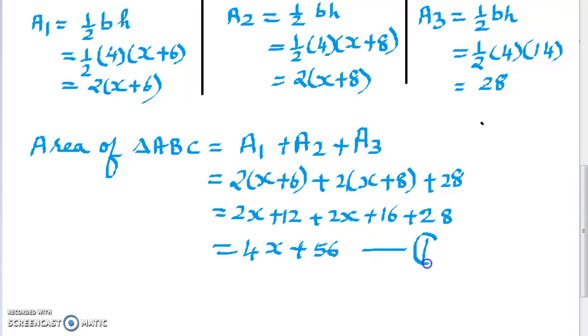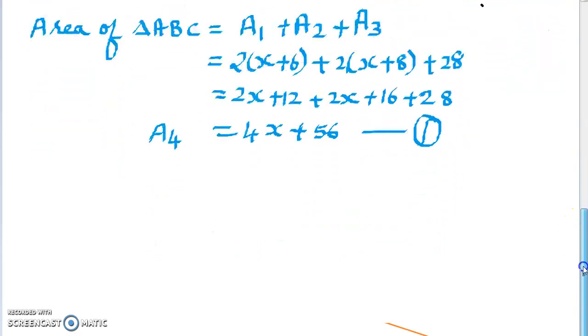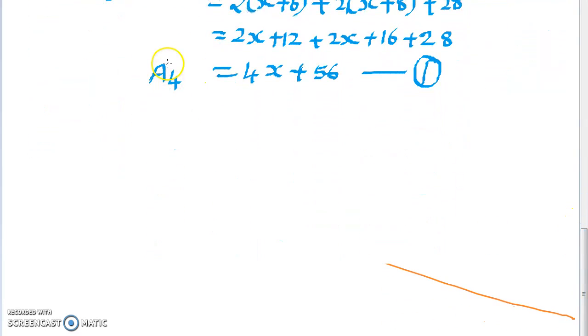We'll keep that as number 1, which we'll come back to. So let's take it as A4. Okay. Now we'll go to the area of triangle ABC using Heron's formula.